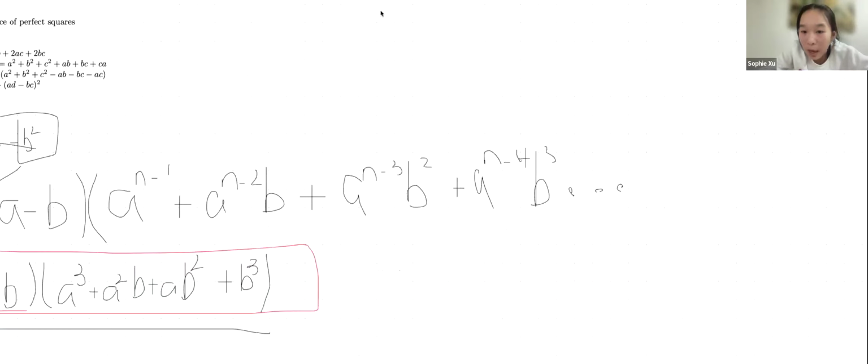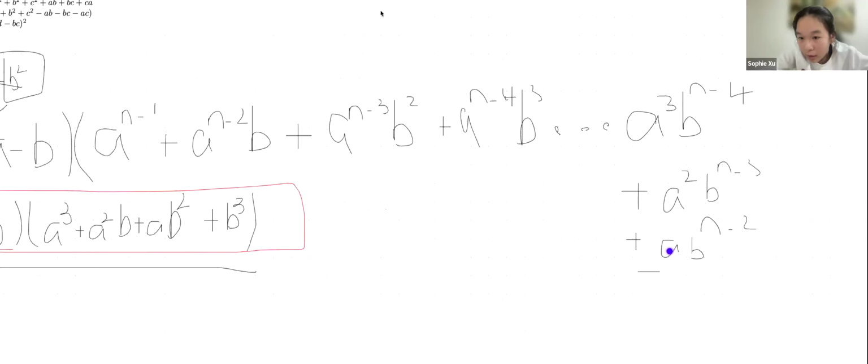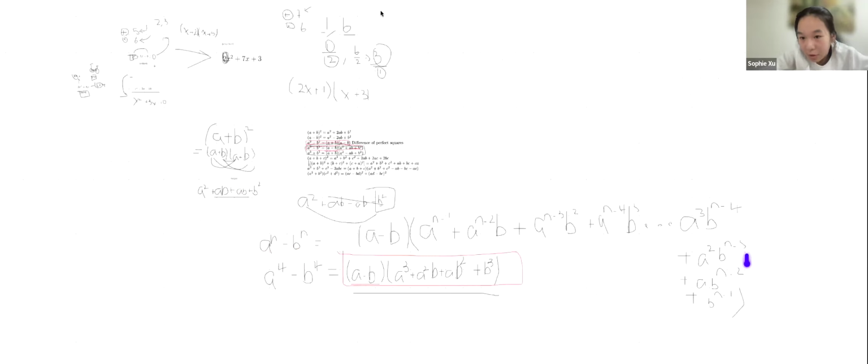But it's all the way up to, let's just say, a cubed b^(n-4) plus a squared b^(n-3) plus a b^(n-2) plus b^(n-1). But you were very close. You just missed all these middle terms.